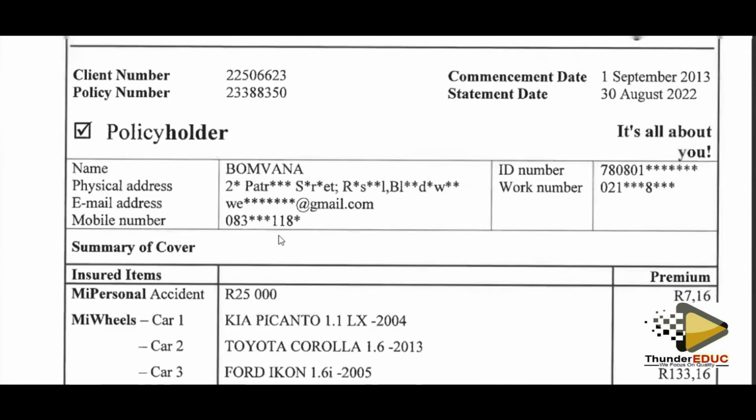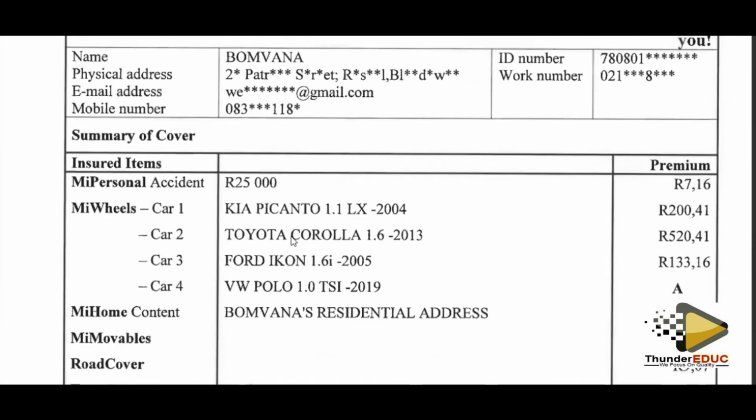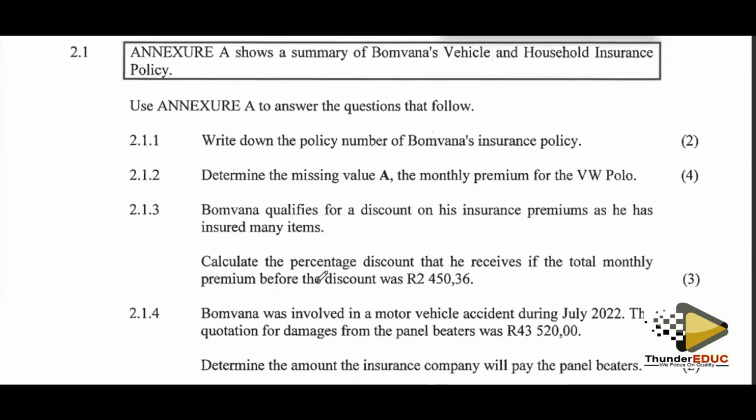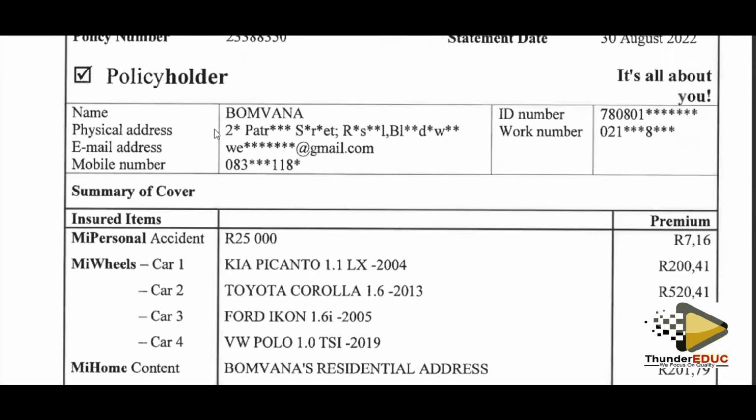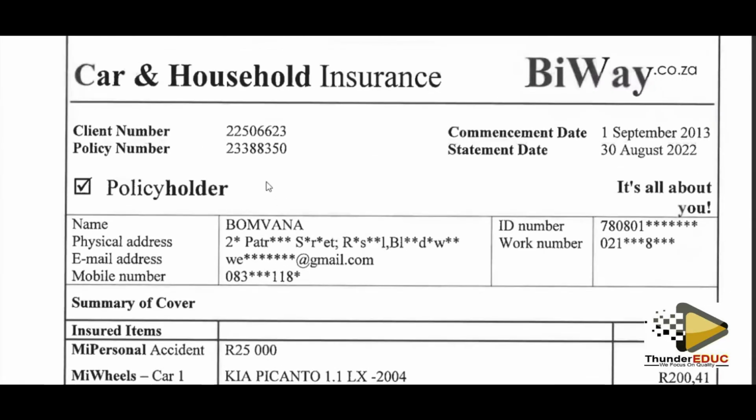So this is the annexure that we are looking at. Nothing much, nothing less. All right, let's go to question number 2.1.1. Write down the policy number for Bomvana's insurance policy. We shall come here. I remember I showed you the policy number. The policy number will be this other one here.